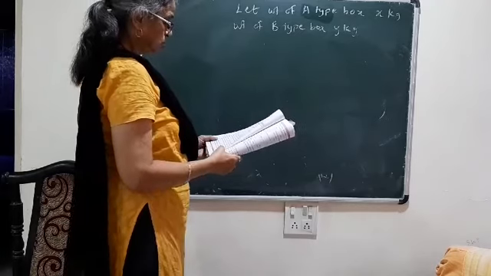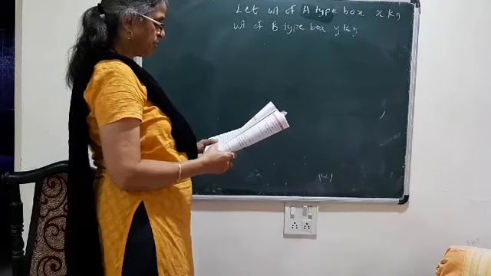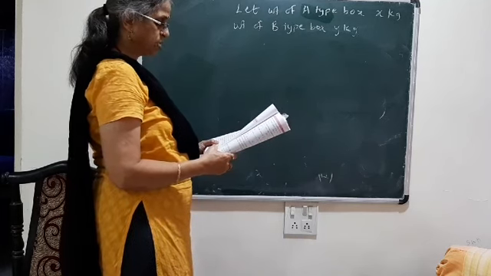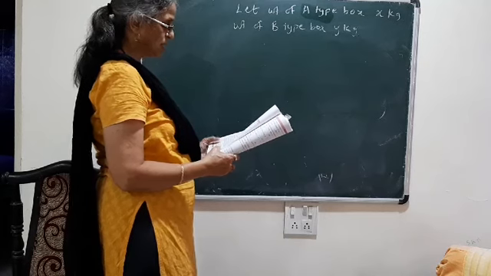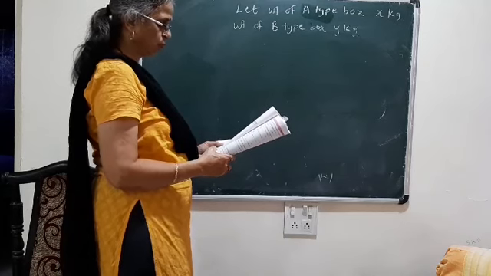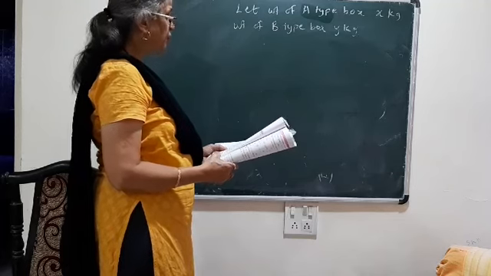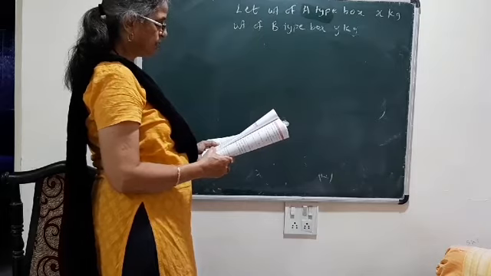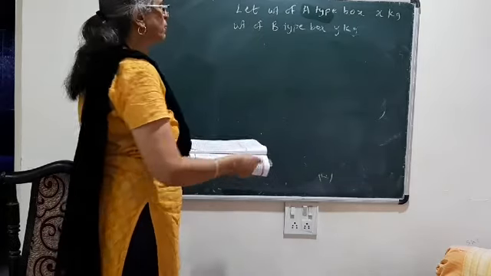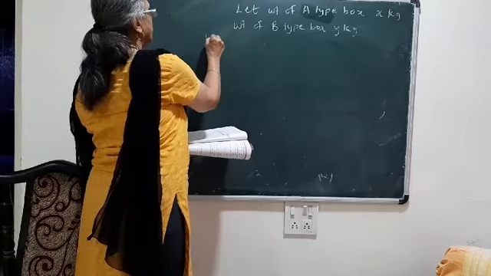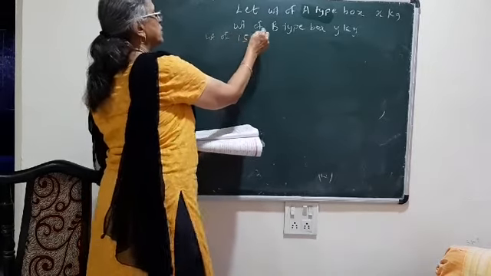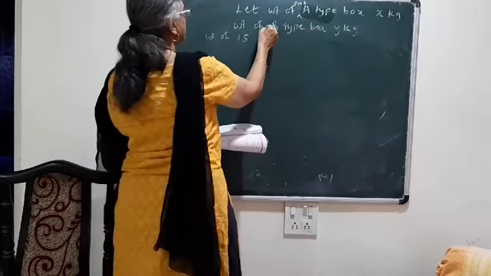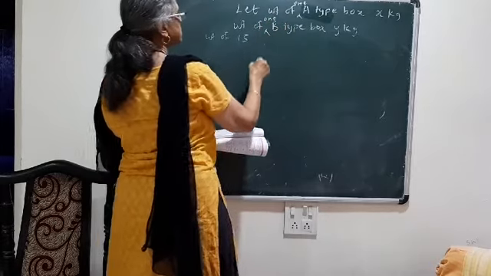Followed? So when 150 box of type A and 100 box of type B are loaded in the truck, and the capacity of truck they have given 10 tons, it weighs 10 tons. That means the truck get fully loaded. So if weight of A type box, single A type box x kg, then what will be the weight of 150 boxes? It will be 150x. I will add here weight of 1 A type of box and weight of 1 B type of box, in kg.